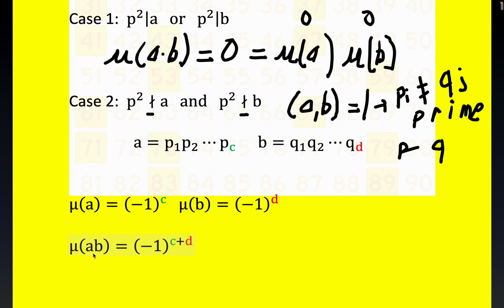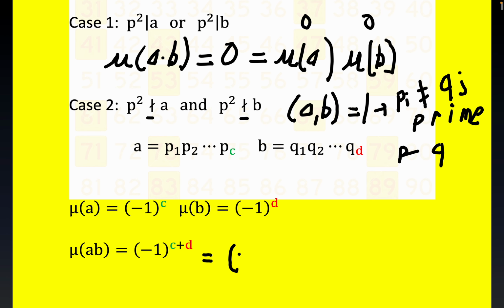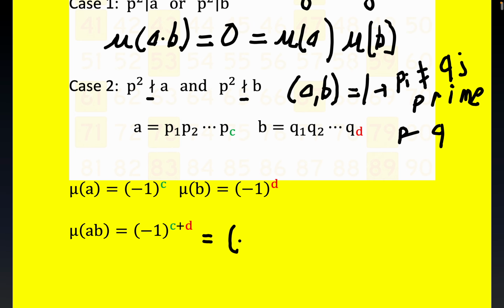Now mu at AB would just be equal, since they're all distinct, you just add them up: (-1) to the C plus D. But what is this? By the simple property of exponents that you learn in middle school, this is equal to (-1) raised to the C times (-1) raised to the D. That's cool. But what is that?